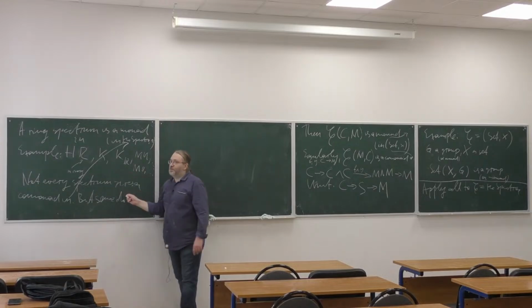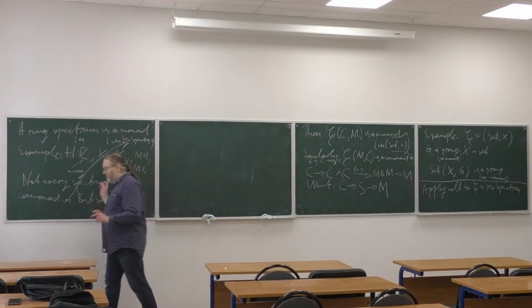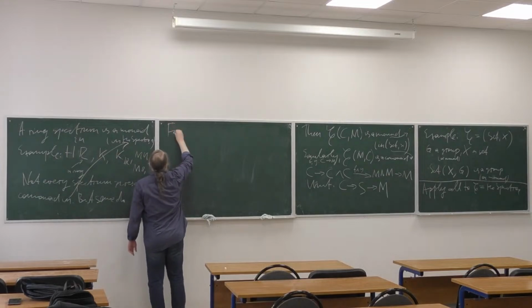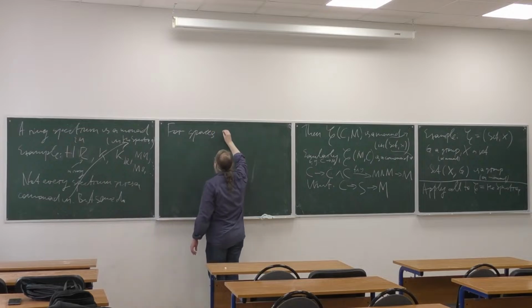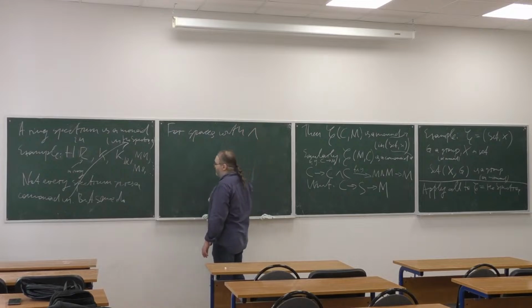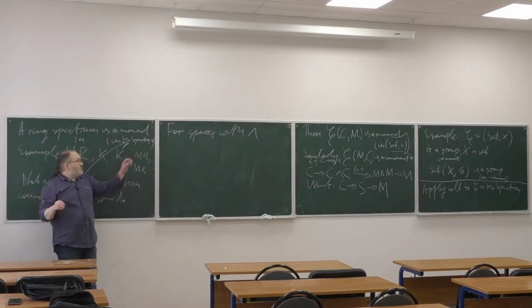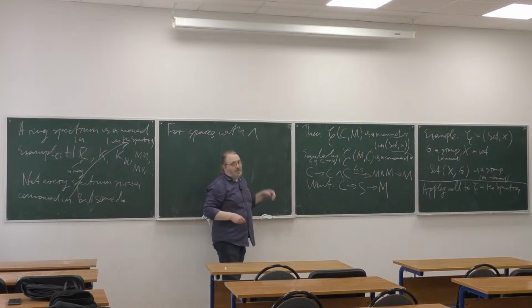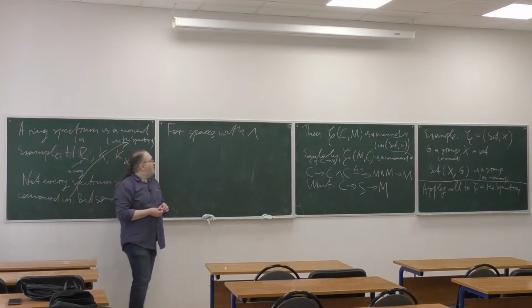Anyhow, so to see why some spectra do give us comonoids, let's have a look at spaces. So let's focus on spaces with the monoidal structure given by the smash product.